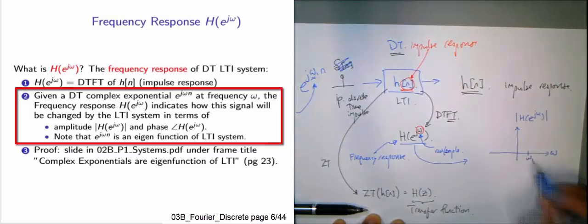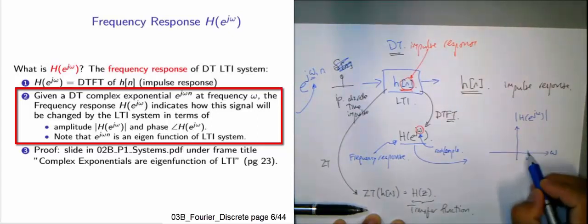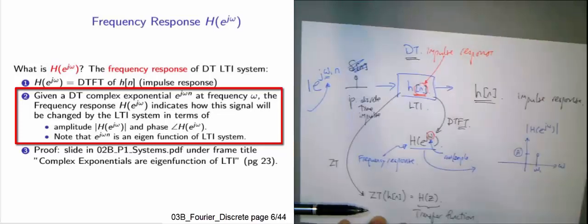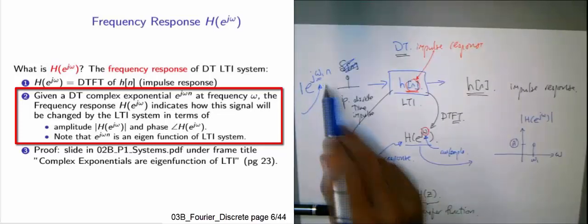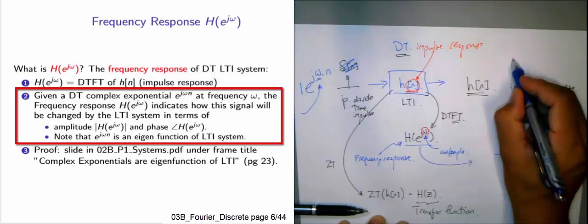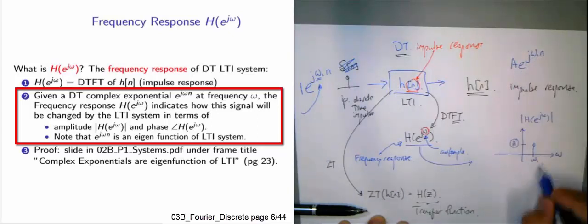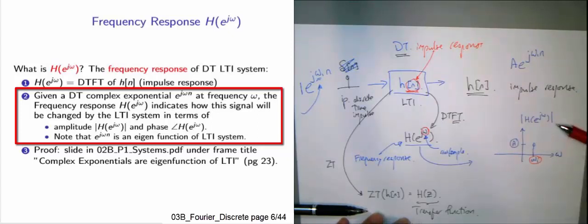I will look at omega 1 along here, and I will read off this, for example, A, and I know that if the signal e to the j omega 1 n is passed through this system, out comes A e to the j omega 1 n by reading this frequency response. So the word frequency response means exactly what it says. It will tell you how the frequency will behave when it passes through the system.